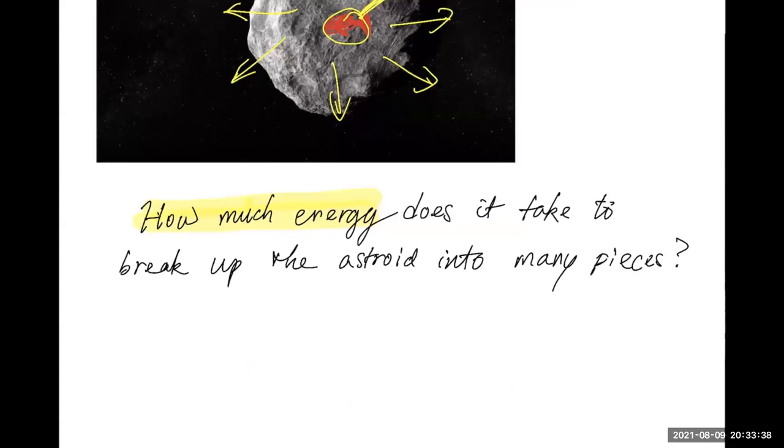Now, the gravitational potential energy of two pieces of matter of mass m1 and m2, a distance r from each other, is a negative number if you treat the zero point of the potential energy at infinity. And that negative number, the expression is negative G m1 m2 over r. That's what we got from the last lecture.